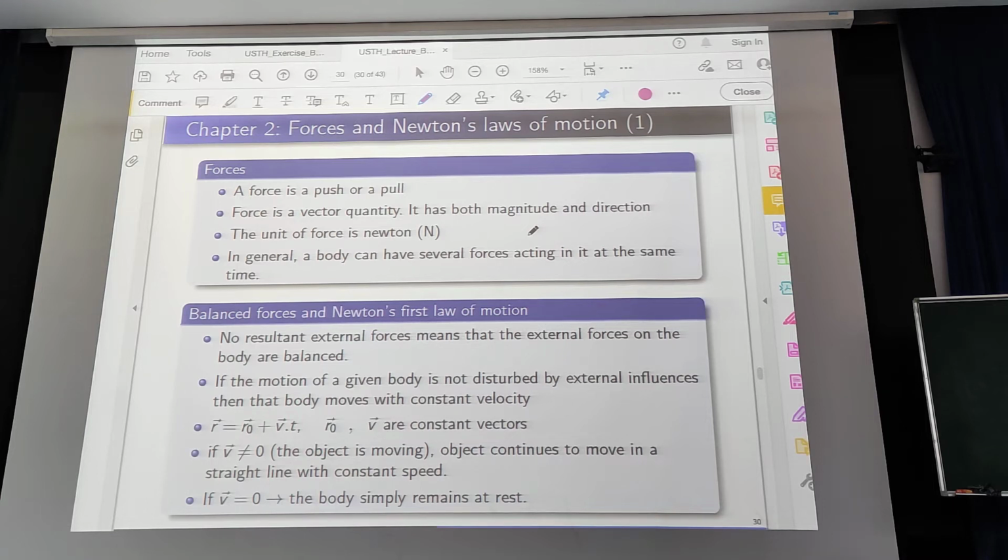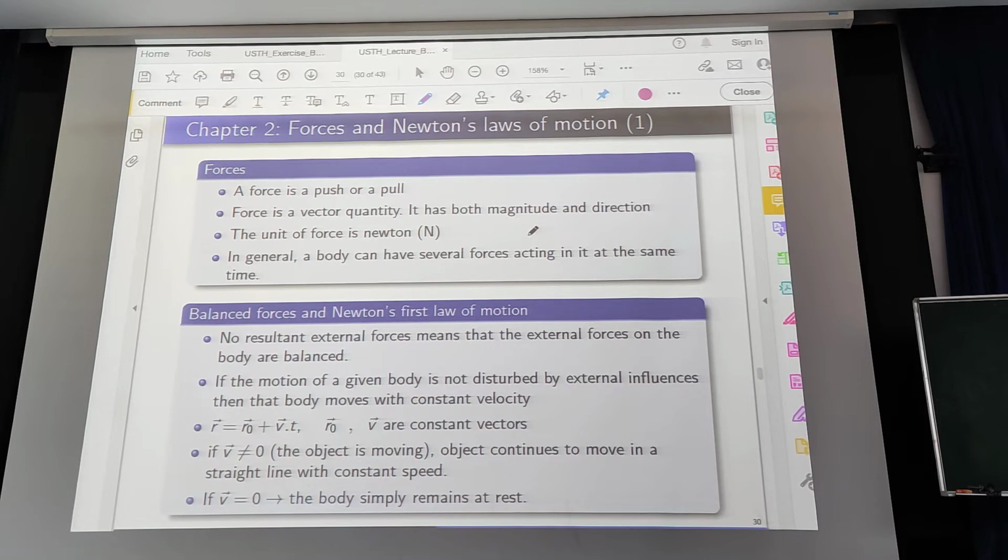So the next point: the balanced force. What is the balanced force? When I'm standing here, I am acted on by many forces, like the gravitational force and the normal force exerted by the ground on my body, and maybe other forces. The weight is a gravitational force. And I am at rest, in equilibrium.